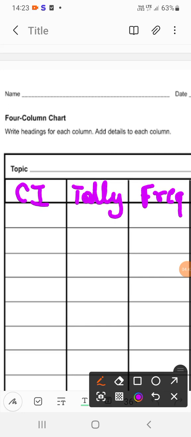First of all we have to divide it into class intervals of 10. So we will take the lower limit as 10 and upper limit as 20. Since 10 to 20 has 10 numbers, 20 would not be included because only 10 numbers have to be included, which is from 10 to 19.